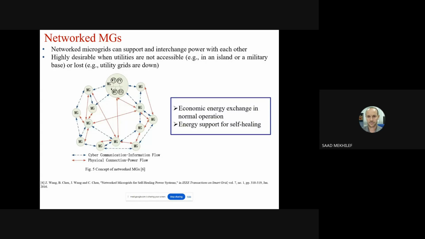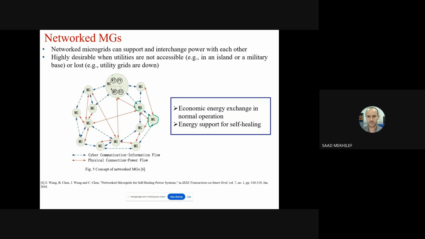For example, you may have a community here and another community here, and you may also have data communication, or cyber, or even sometimes physical communications. Through this, you will have economic energy exchange. It means one microgrid generates more, another will generate less.